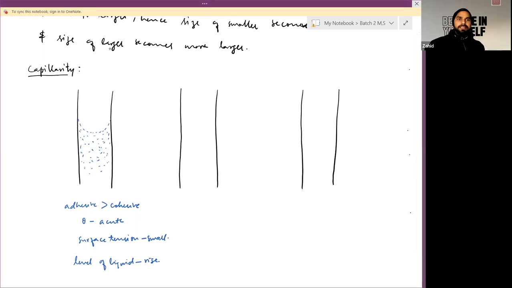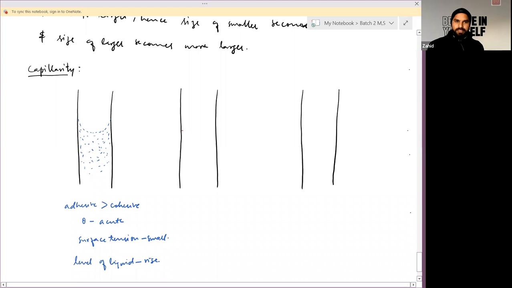Next, in the second tube, suppose you place rose water, it may acquire this type of meniscus. It means adhesive force equals cohesive force, and theta is just 90 degrees. So there is no rise or fall in the level of liquid, so its surface remains flat.